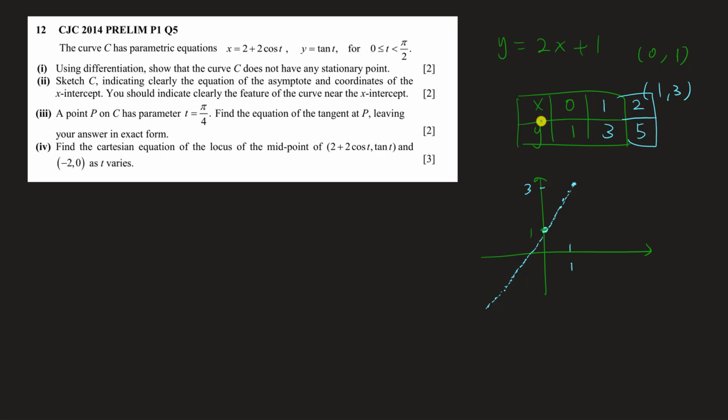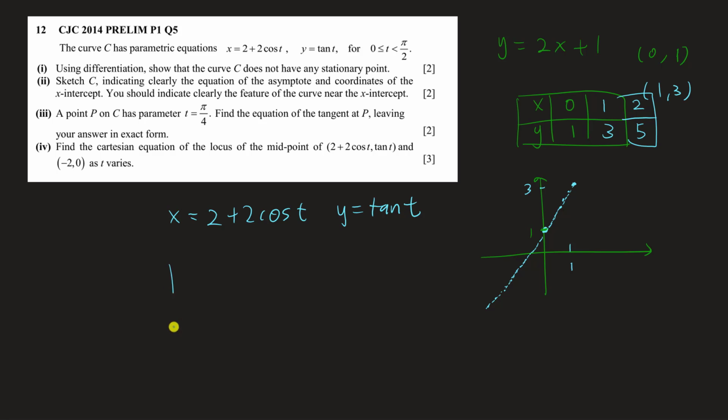What a parametric equation is, instead of using an x value to find a particular y value, or using a y value to find a particular x value, we use a middleman, in inverted commas, to find out points that actually belong on this graph. So for example, x equals 2 plus 2 cos t, and y equals tan t, right?